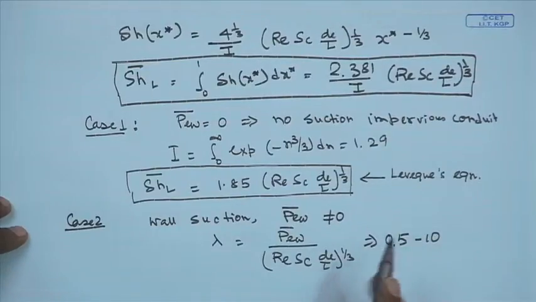Next, what we will be doing? We will be evaluating the integral I as a function of lambda numerically, and then we fit a curve of 1 over I as a function of lambda.